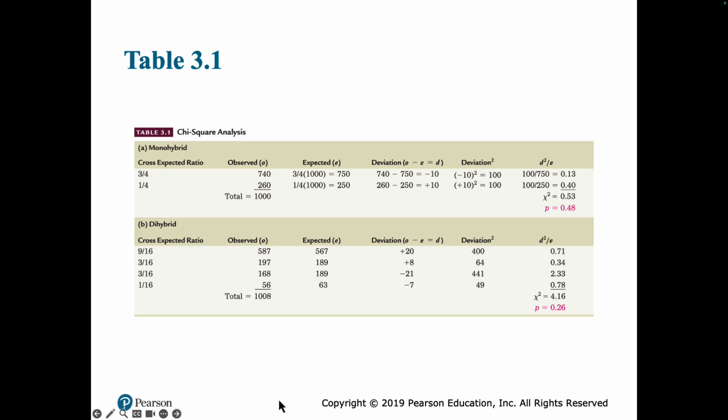But just to really, really simplify, the p-value is basically the likelihood or the probability that the event observed was due just because of chance.